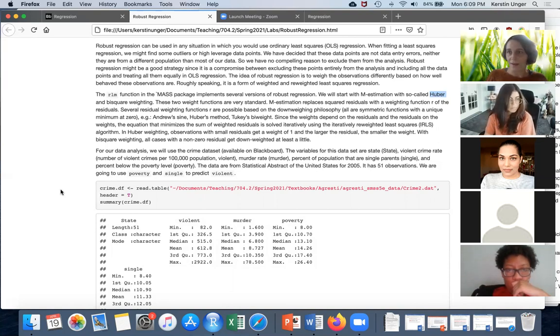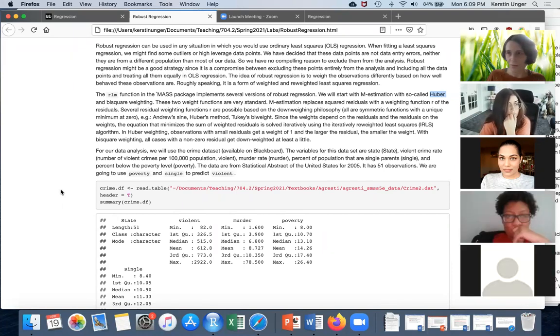But if we think we might have influential cases, so we might have quite a few data points that have unusually large residuals, or quite a few data points with huge leverage, then we are concerned about the impact of these data points on our regression model.